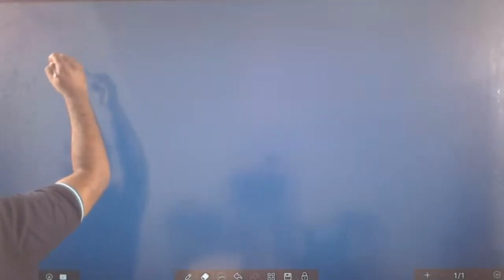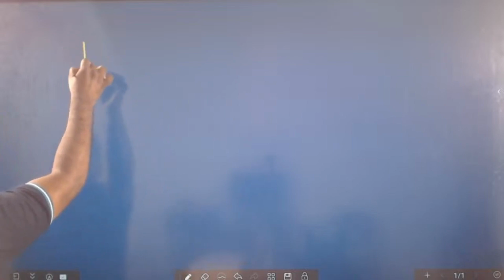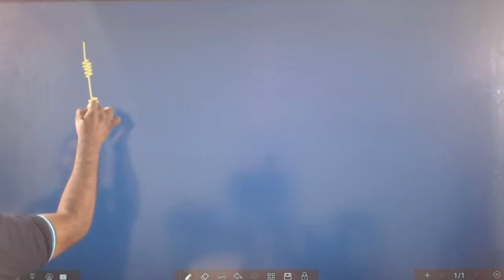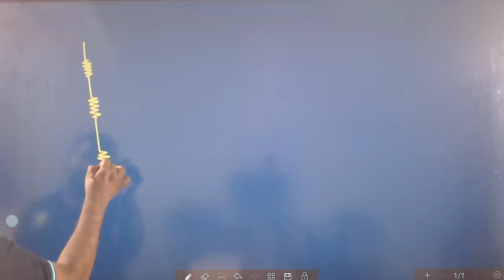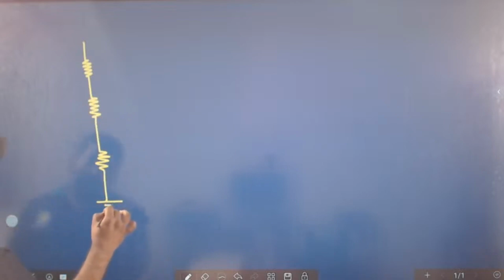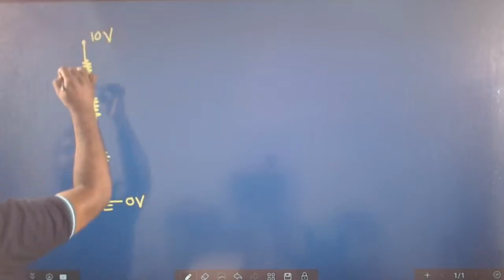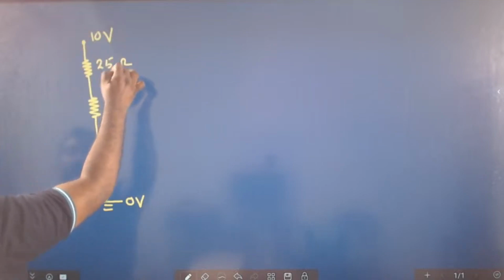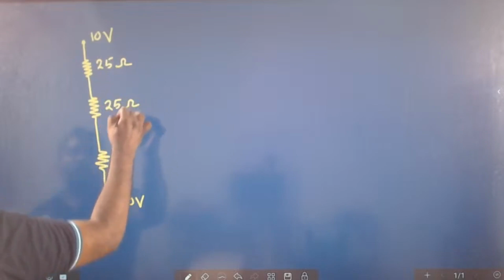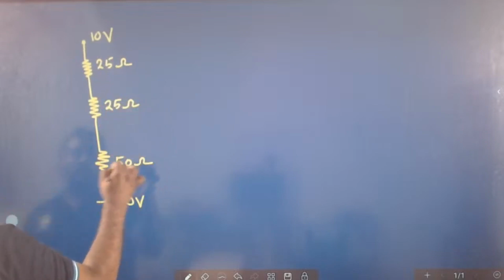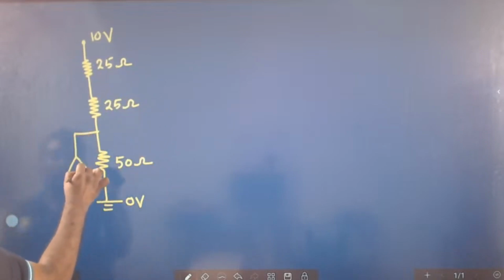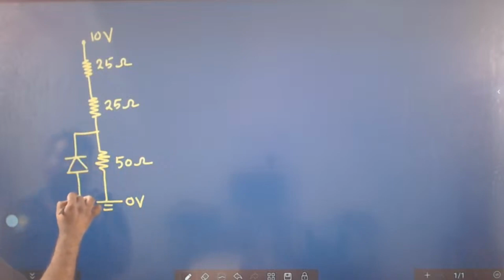So here you have 25 there, 50 there, grounded here 0, 10 volts there, don't forget. 25 ohm, 25 ohm, 50 ohm, diode.